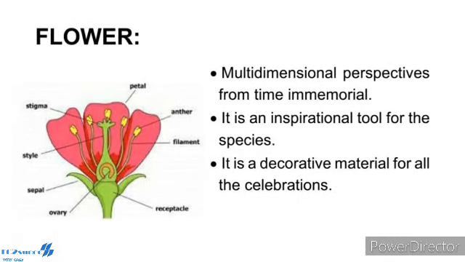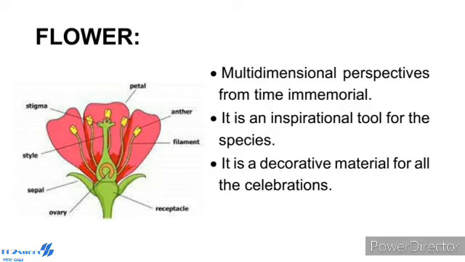Next, we discuss the topic of the reproductive organ. The flower is the reproductive organ. A flower consists of 4 parts: calyx, corolla, androecium and gynoecium. The flower has been viewed from a multi-dimensional perspective from time immemorial.